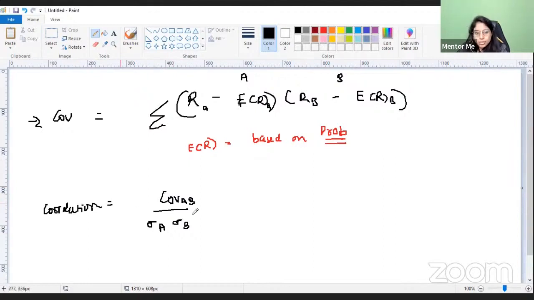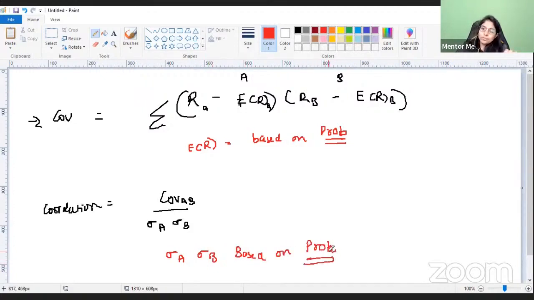Correlation. Okay. So we'll use covariance to calculate correlation. Again, यहाँ पर भी हमारे पास कोई separate formula नहीं है incorporating this probability concept. ठीक है. Just the thing is that whatever this standard deviation is, standard deviation A, standard deviation B, we will be calculating. This will again be based on probability.